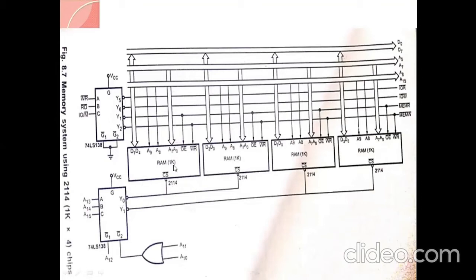Y0 is connected to both RAMs, so at that time both RAMs will be enabled and data will be stored in both memories. If you select Y1, RAM 3 and RAM 4 will be selected, so the data will be stored in RAM 3 and RAM 4 simultaneously, or you can read the data from the RAM. Here all 16 address lines are used, so that is called full decoding or absolute decoding.